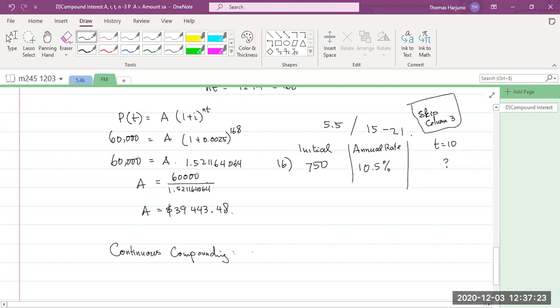Then the formula you use will be P equals A e to the r t. Actually, our textbook uses a different notation, but I use mine. You will use this formula if it is continuous compounding.